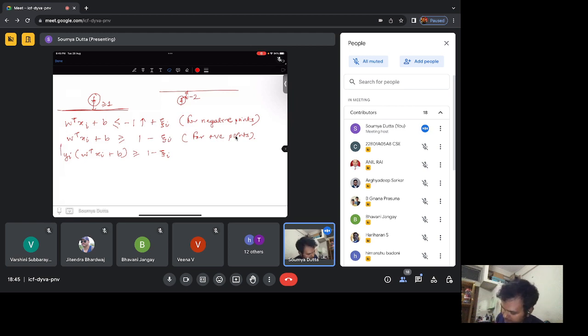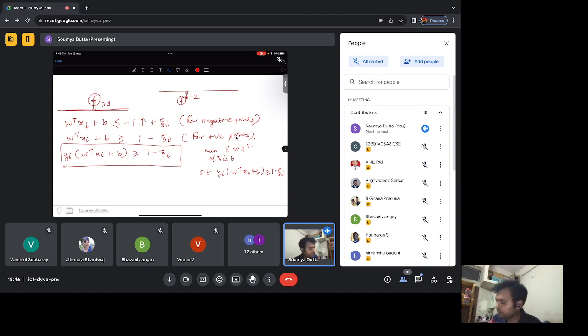So this becomes your constraint now. Your formulation before was: minimum of norm of W squared over W, zeta i and b, such that yi into W transpose xi plus b is greater than or equal to 1 minus zeta i.